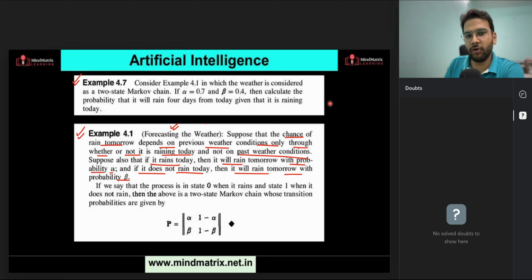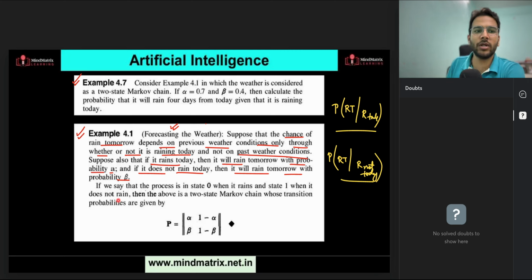So what is given to you is the probability of rain tomorrow, given that it is raining today, and the probability of rain tomorrow, given that it is not raining today. Is this clear? This is what is given to you, right?